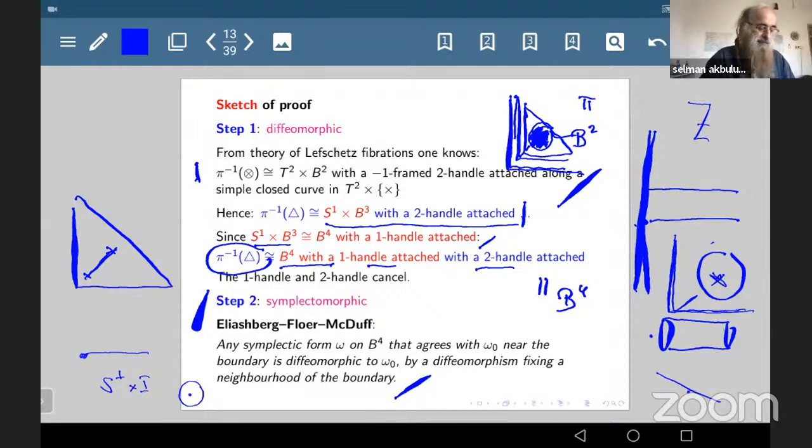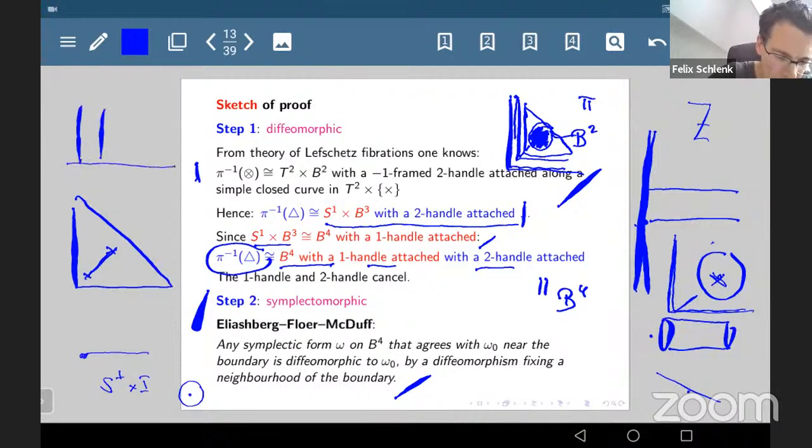Okay, I can figure that out. Somehow it's this picture with the moment map. What is the half plane is best.